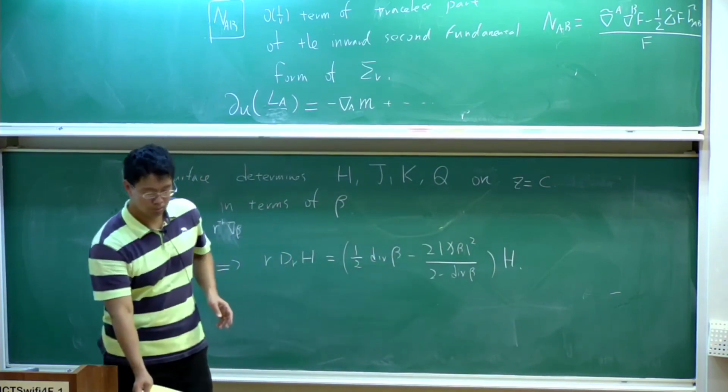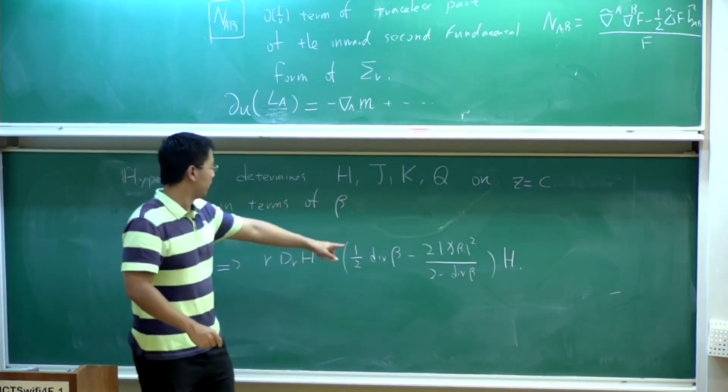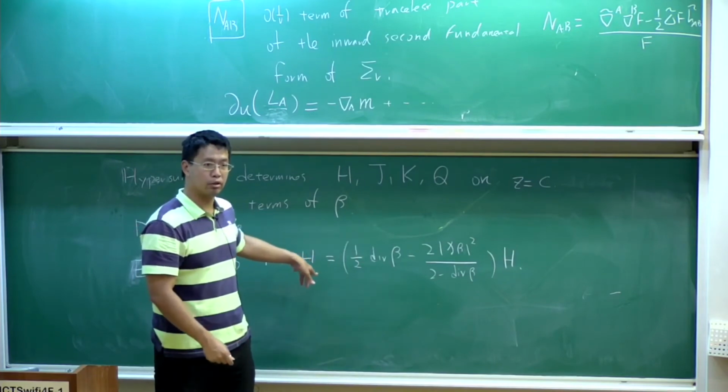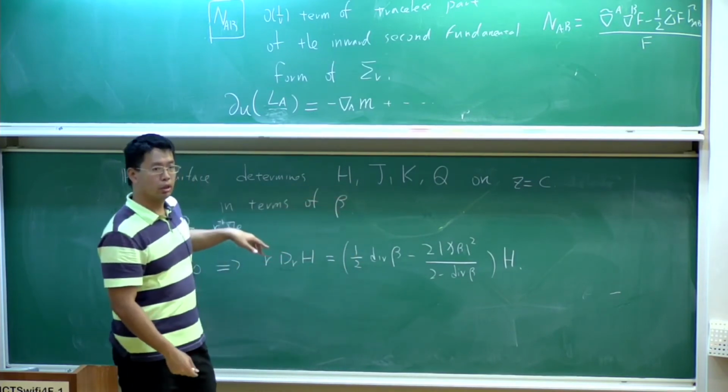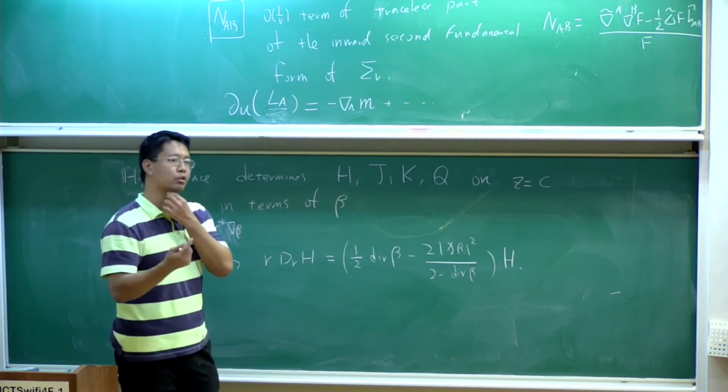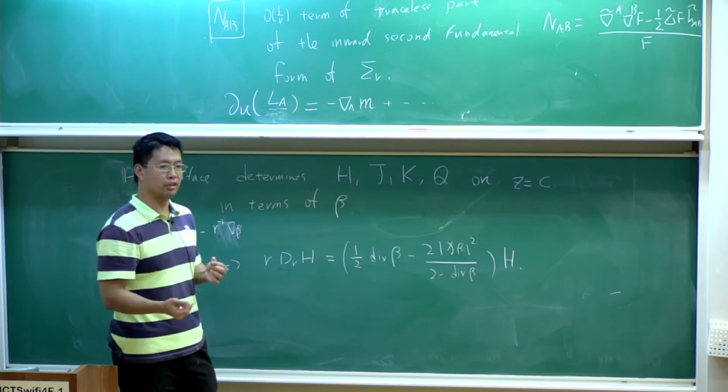Okay. So again, once beta is known, this operator is known, and then we can determine h from this equation, again up to the limit of h when r goes to infinity.